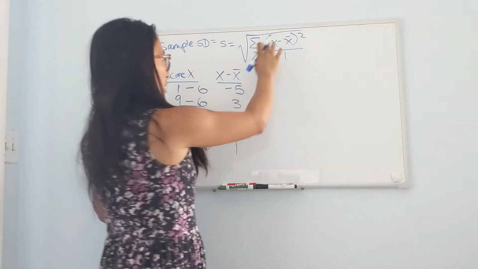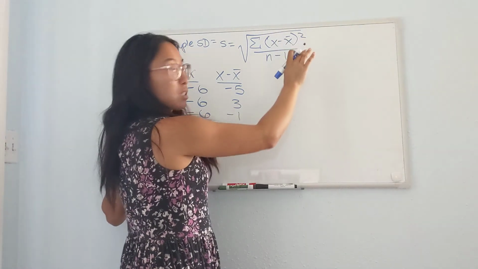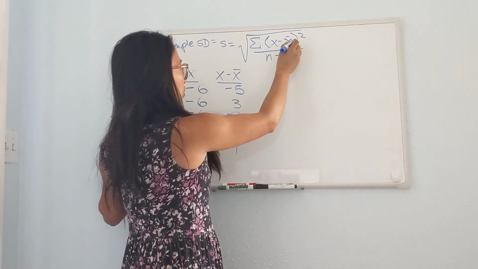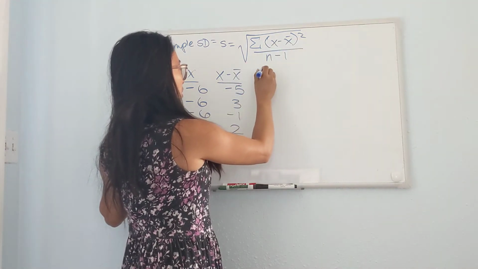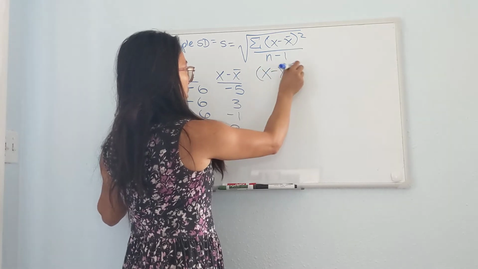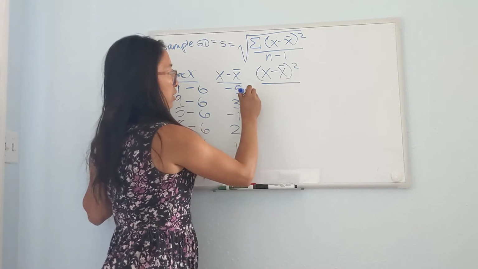In order to calculate the next part, because I want to add up all the squared deviations, these are squared deviations now. So I'm going to calculate the square of each. I already calculated this part, so I just need to square this.